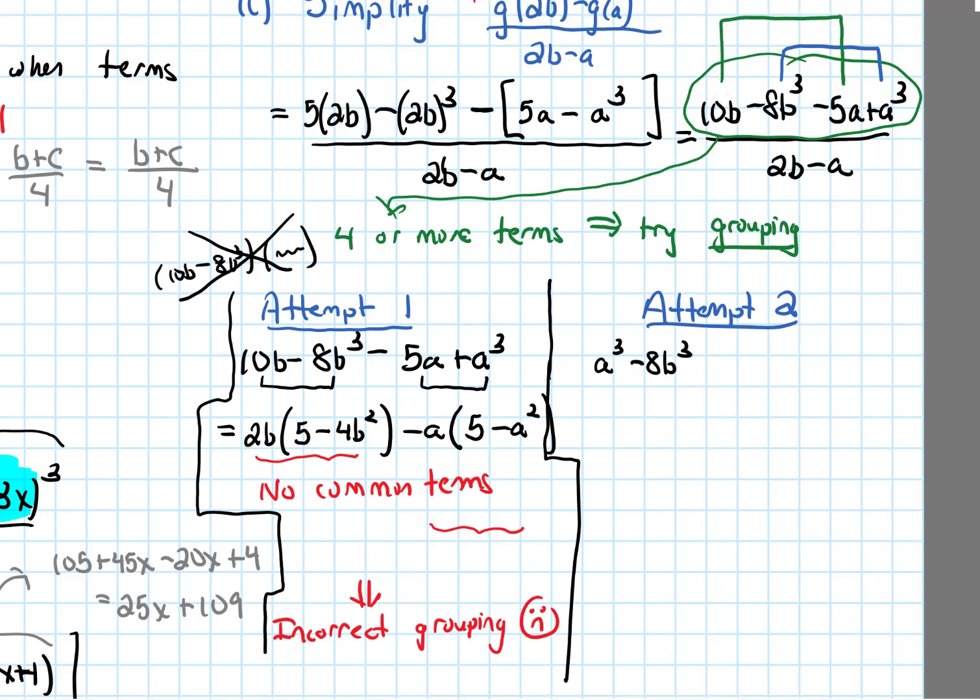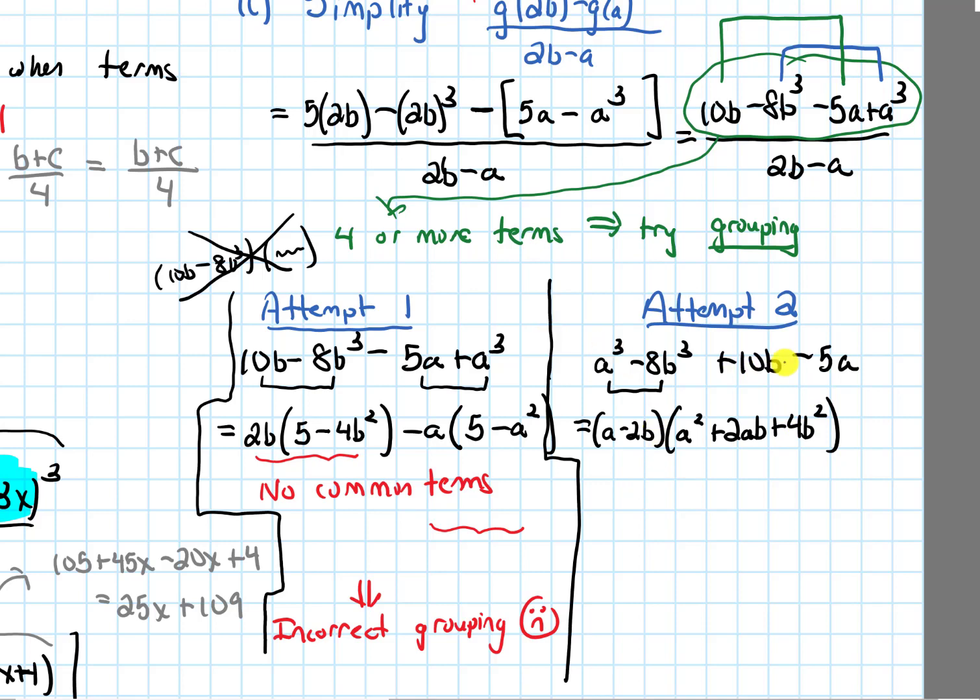Okay, so now I will have the plus 10b minus 5a, because we already saw how to factor these first two. It was a difference of cubes, and that factored as a minus 2b times a squared plus 2ab plus 4b squared. Remember, we did that in part B.